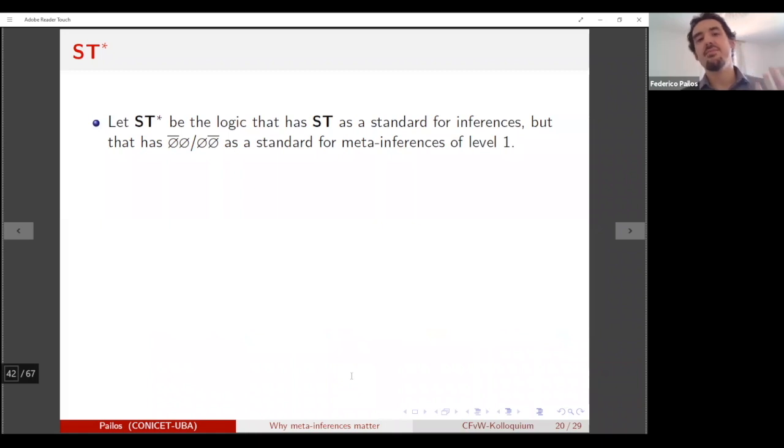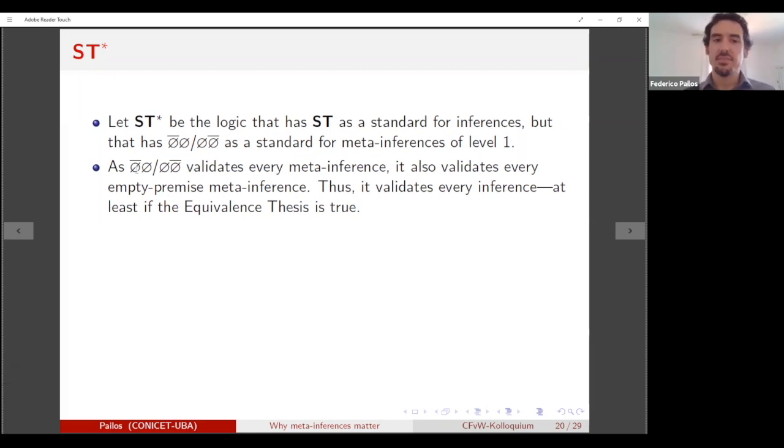Now let's define SDstar, which is the logic that has ST as a standard for inferences and this one as a standard for metainferences of level 1. If Ripley is right, then a supporter of SDstar should also be counted as a supporter of ST, because in order to be a supporter of ST, the only thing that matters is that one supports ST at the inferential level, one thinks ST is a correct logic for the inferential level, and then one can also be a supporter of this one at the metainferential level.